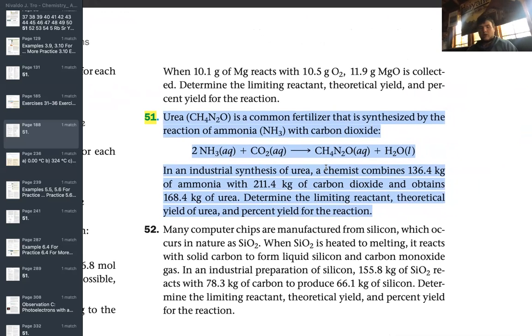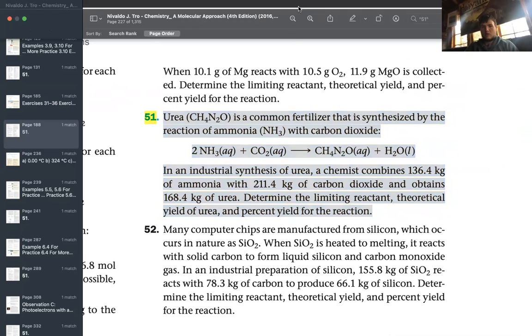It gives you the reaction, and it gives you information that a chemist combines 136.4 kilograms of ammonia with 211.4 kilograms of CO2 and obtains 168.4 kilograms of urea. Determine the limiting reactant, theoretical yield, and percent yield.